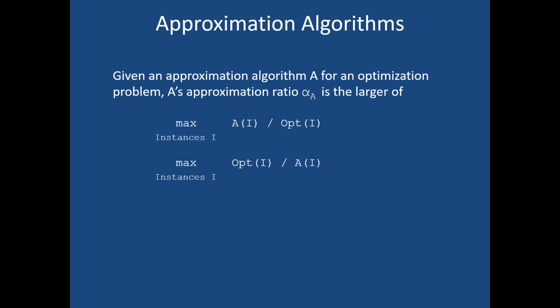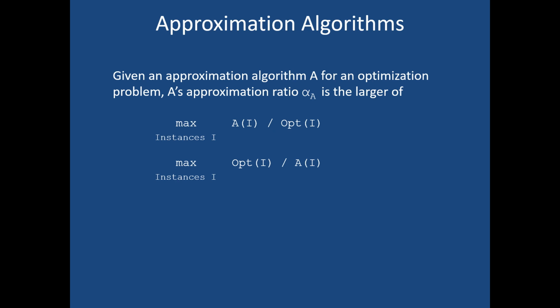You've got an algorithm A for an optimization problem, and the approximation ratio is the result that A returns divided by the result the optimum gives you, or vice versa, whichever is right. It just depends whether it's a minimization or maximization problem, which way you're dividing. So if the optimal solution is 10 and the approximation algorithm gives 20, then your approximation ratio is 2.